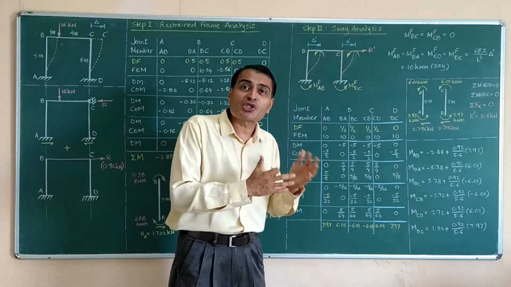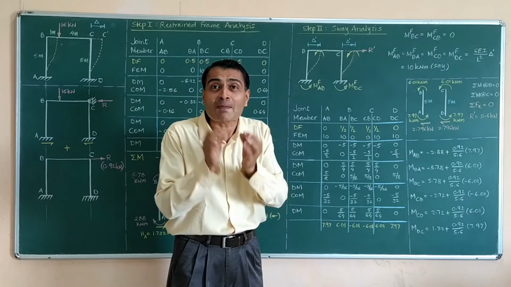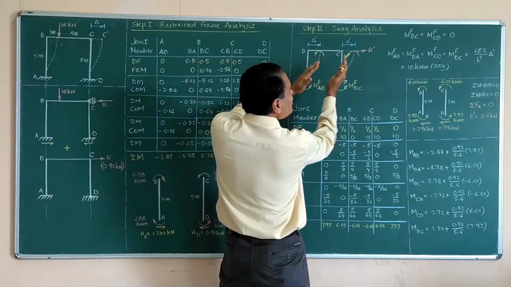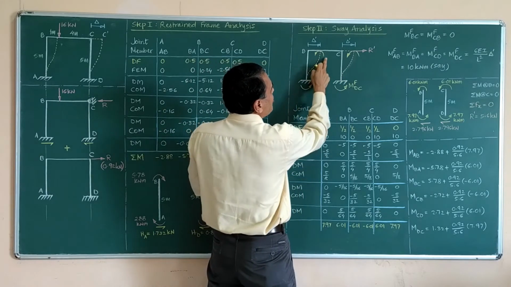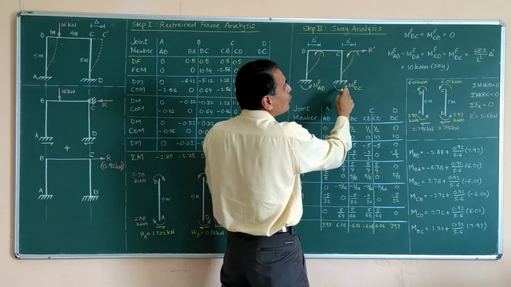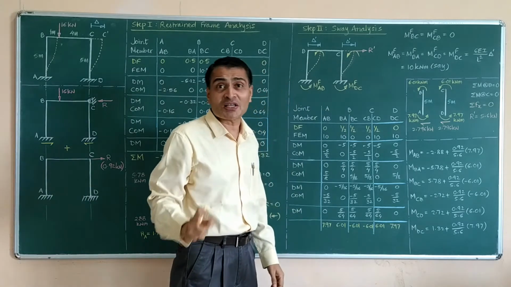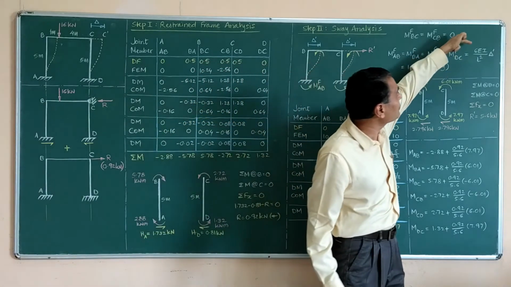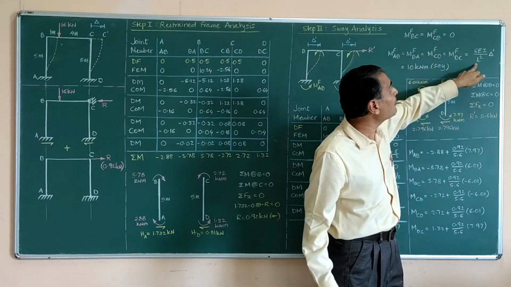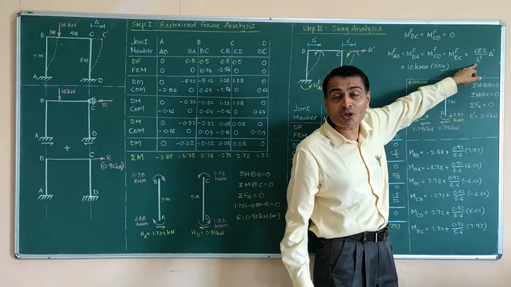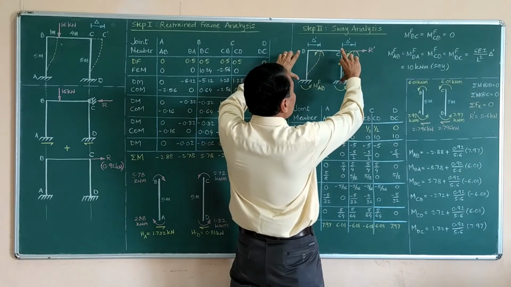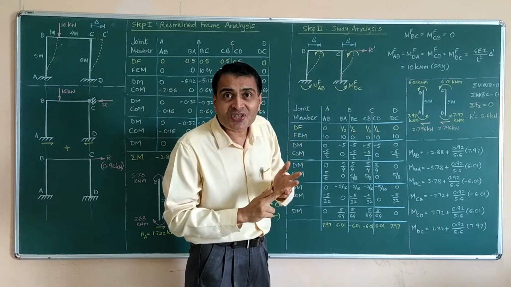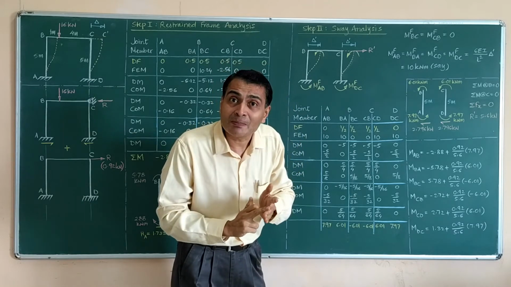But in these assumptions, certain things are absolutely accurate. If you look at the sway, the sense of these four moments are going to be anti-clockwise. Secondly, if you look at this expression 6 EI upon L square, for both these members AB as well as CD, E is same, I is same, even L is same.